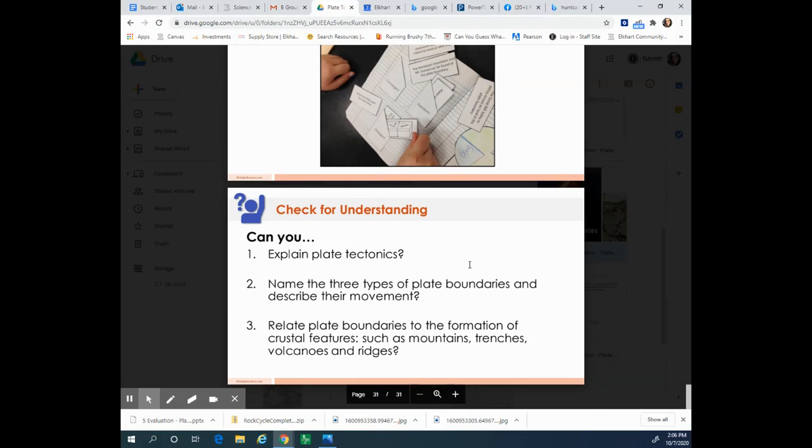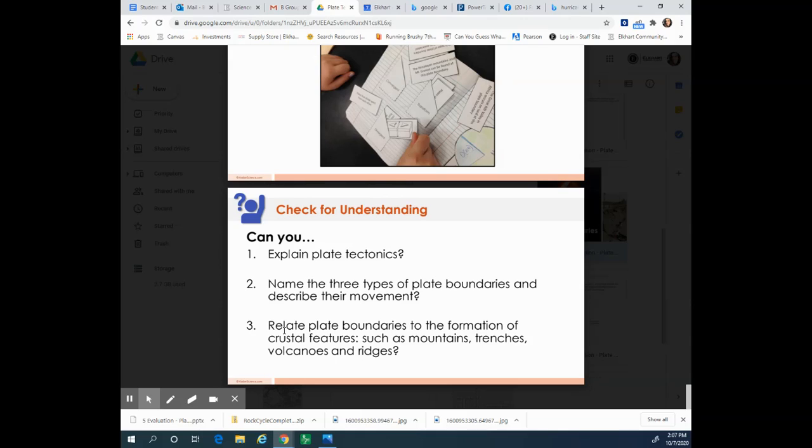Now we're going to scroll all the way down to the bottom. Now that you have gone through with me, I want you to answer your essential questions. I want you to explain in your own words what you think plate tectonics are. I want you to tell me 3 types of plate boundaries and tell me which way they move.